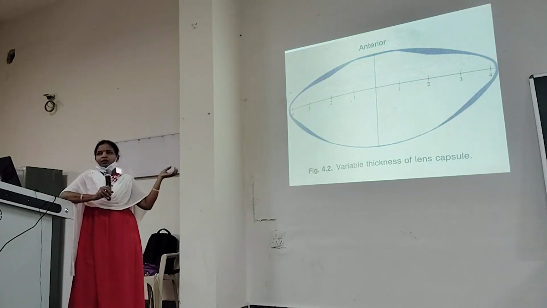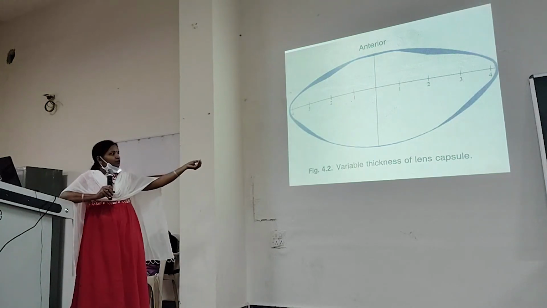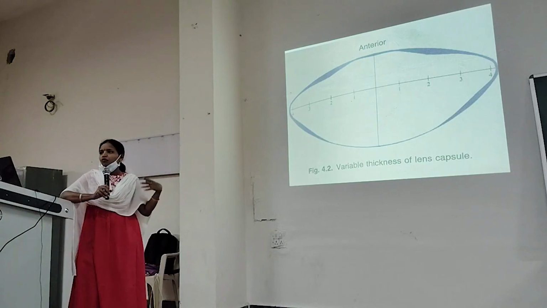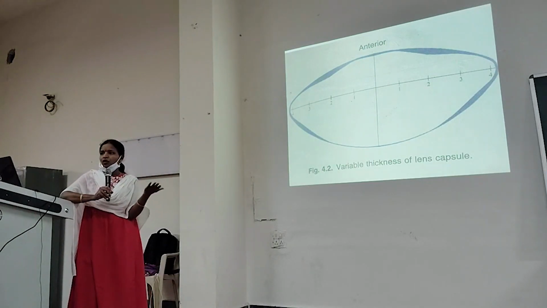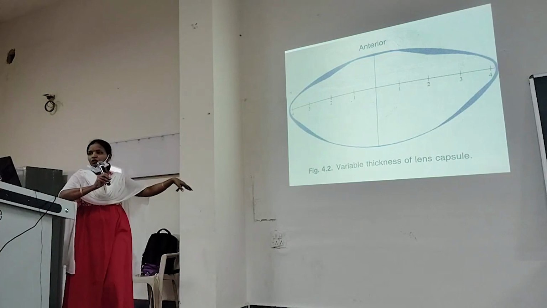As soon as the posterior pole is weakened, the lens capsule is breached, fluid enters into the eye. All the materials, whatever fluid, electrolytes, everything will enter the lens, and it loses its transparency, okay? That is known as traumatic cataract, okay? It could be any physical, mechanical, whatever. So that is the thinnest portion of the lens.